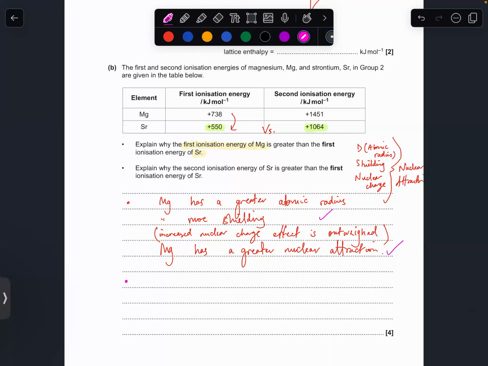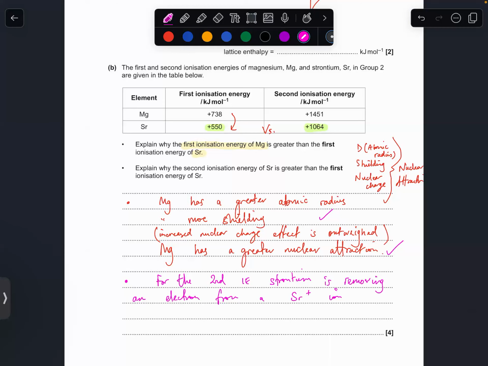With strontium, for the second ionization energy, you are removing an electron from a Sr plus ion.